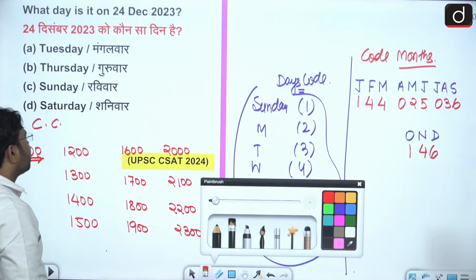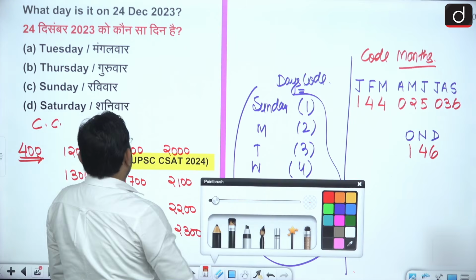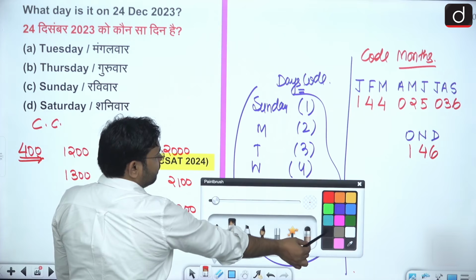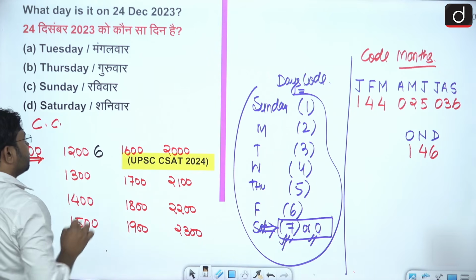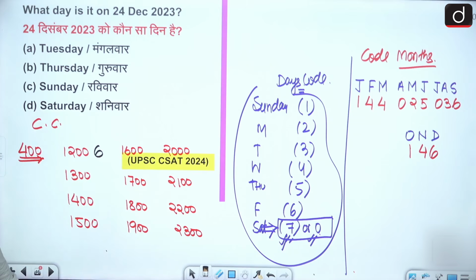What is the maximum runs you can score on a single ball? So, sixer. The code for multiples of 400.